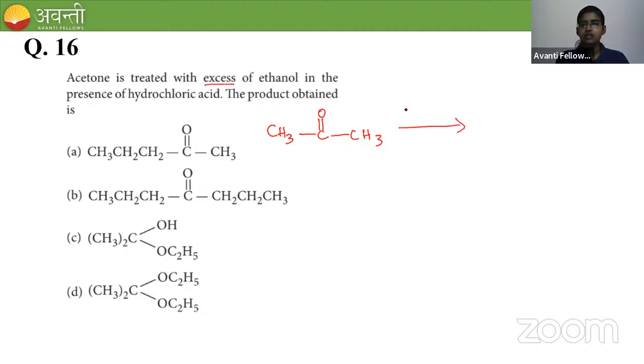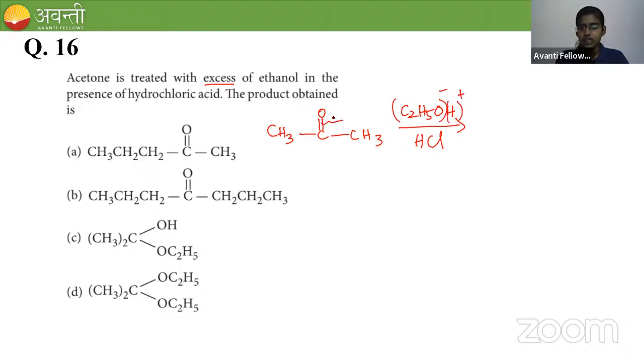First, treat this with 1 mole of ethanol. Excess means it could be 2 moles of ethanol. First, treat it with 1 mole of ethanol, C2H5OH. Again, it is a nucleophilic addition reaction, right? So the OR group is the negative part and H is the positive part.